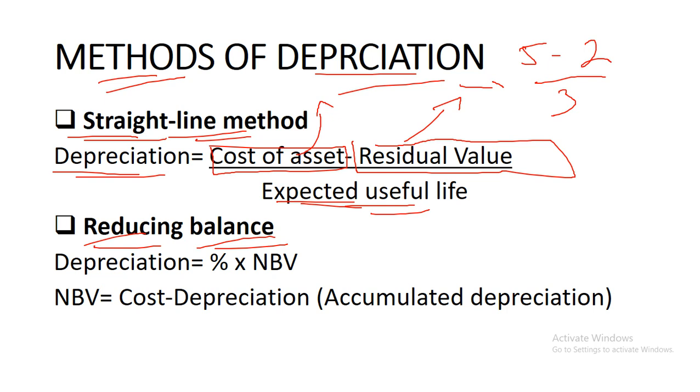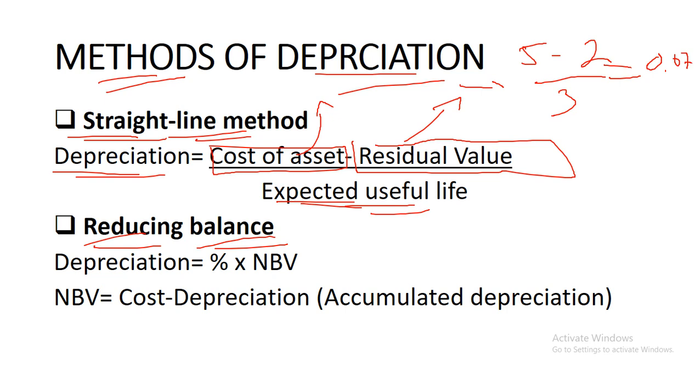So 5 minus 2 divided by 3, that's going to give us the depreciation that we're going to charge on an annual basis, right? So here, given this example, our depreciation is 0.67, right?